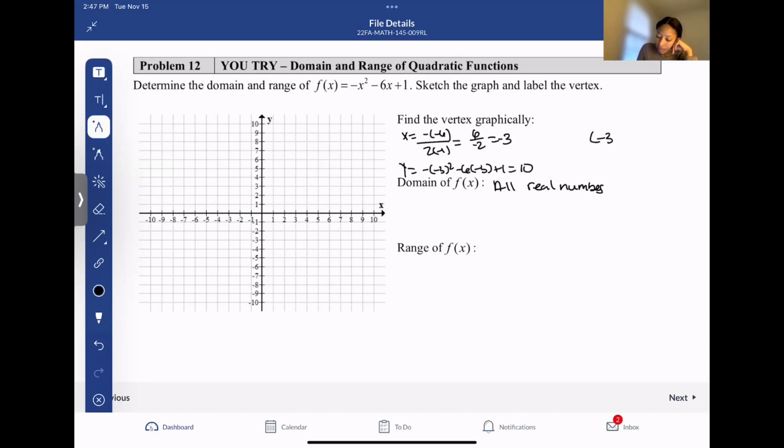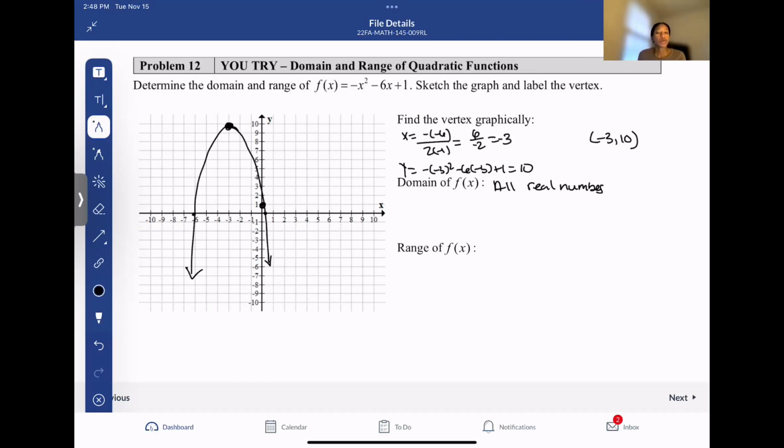So -3, 10 is here. Our x-intercepts were about here. Our y-intercept is 1. And we have a downward opening parabola. So the graph is going to look something like this. All right.